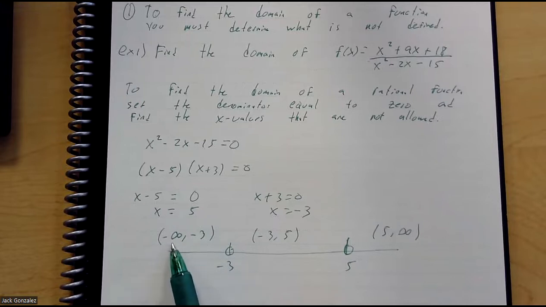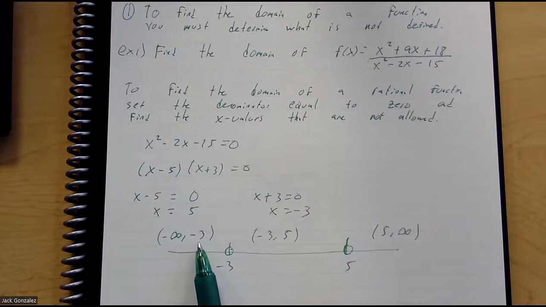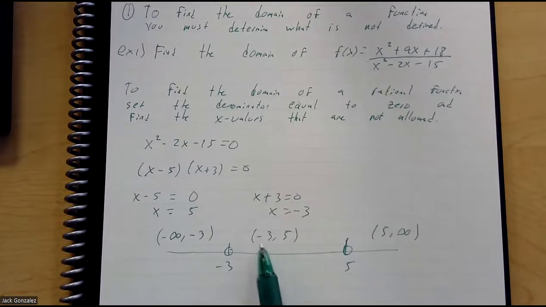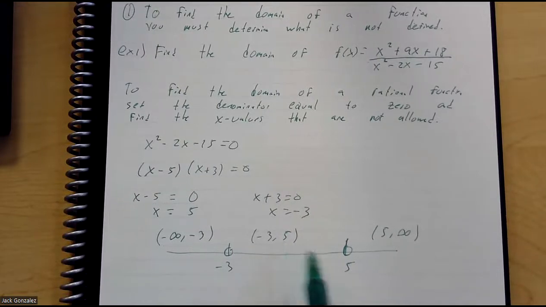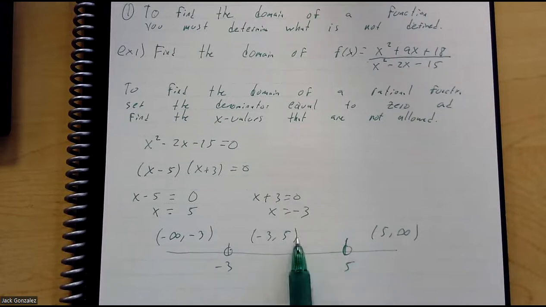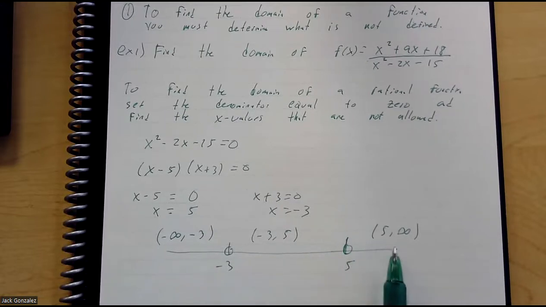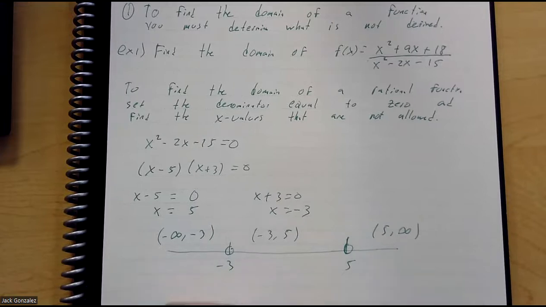So negative infinity all the way until negative 3. Stop right before negative 3. That's what parentheses mean. 2.999 is fine, but not negative 3. In between these two are good, but not the endpoints, because these are parentheses. Everything right after 5 is fine, but not 5. No brackets. Is that clear? Once you have that, just put it all together with the union.